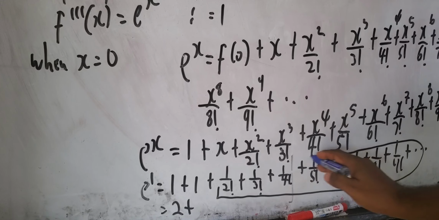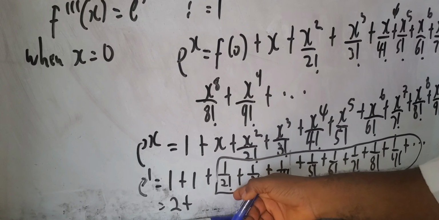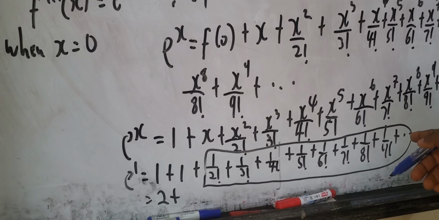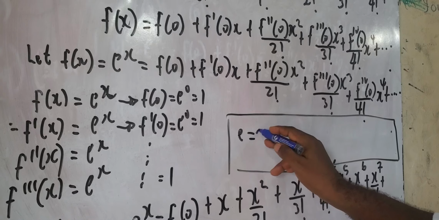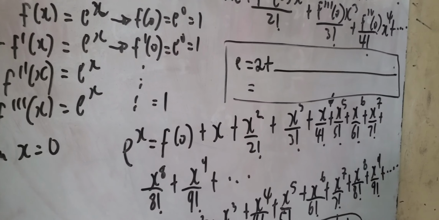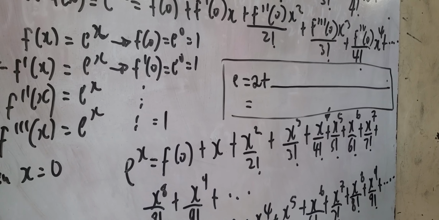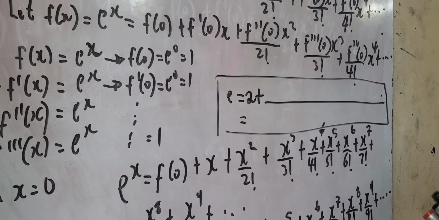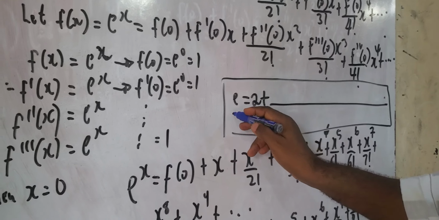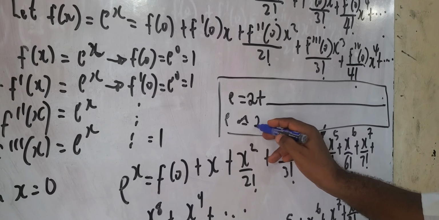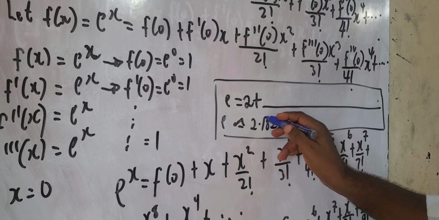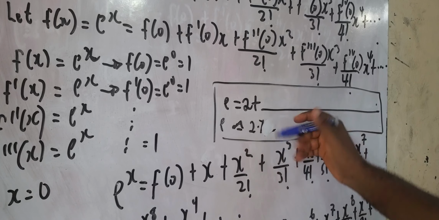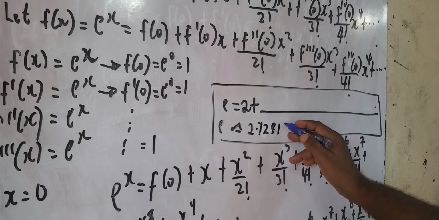When you use your calculator to evaluate 1 over 2 factorial and add it to these other terms, our final answer will now be e is equal to 2 plus whatever we have here after pressing the calculator. By virtue of pressing the calculator, I have e approximately equal to 2.71828.